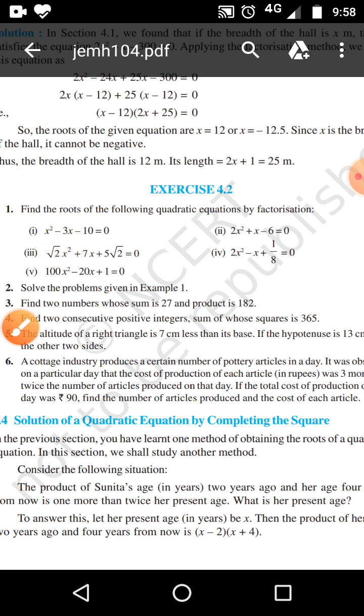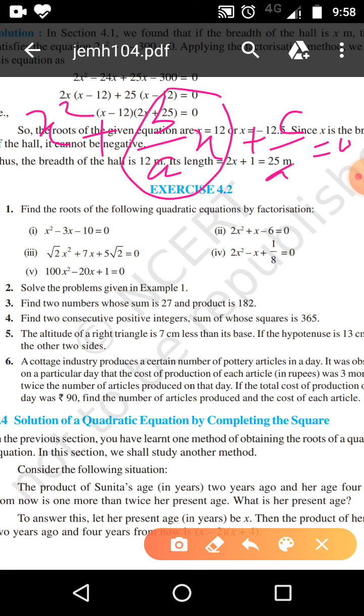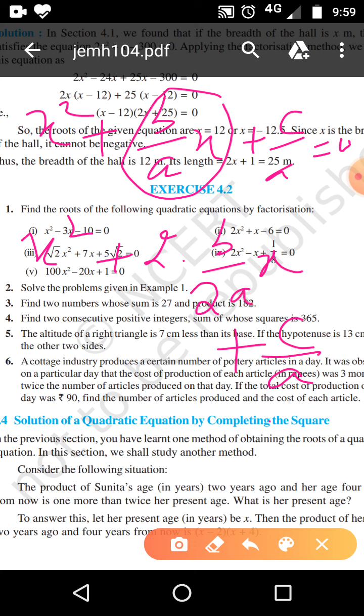So x square plus b by a x plus c by a is equal to 0. Okay, so in place of 2ab, here you see this is b by 2a, so we can write it as x square plus 2 into b by 2a x plus c by a is equal to 0.